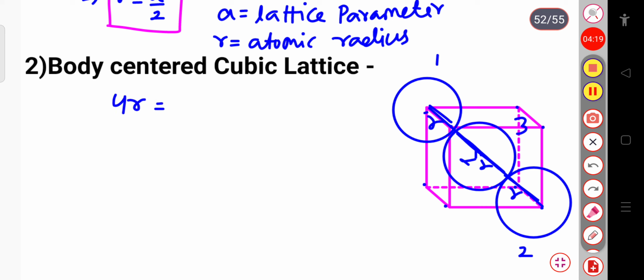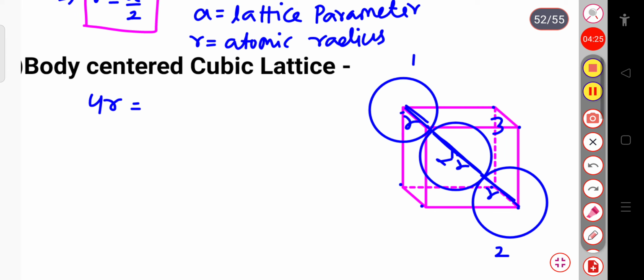And what is the relation for this diagonal? Now here, let me draw a line, changing the color to black. This is the other diagonal for this face.